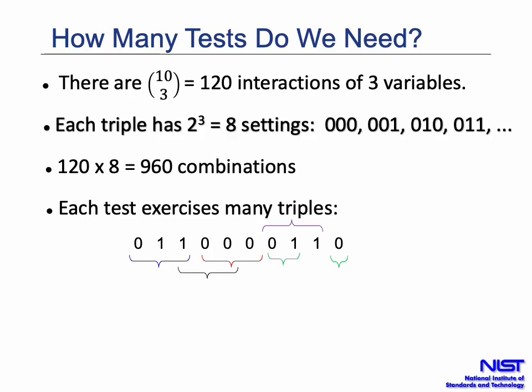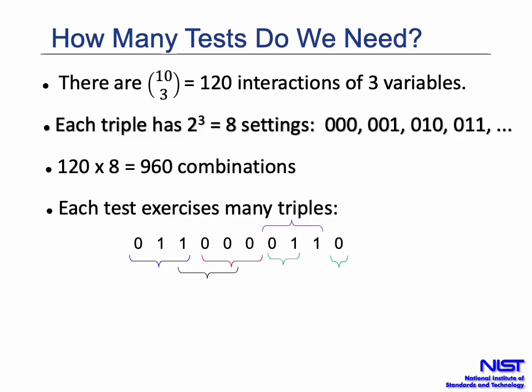So how many tests would we need if we want to cover all three-way combinations? Well, if we look at 10 variables 3 at a time, then we have 10 choose 3, or 120 interactions of 3 variables, 10 taken 3 at a time.